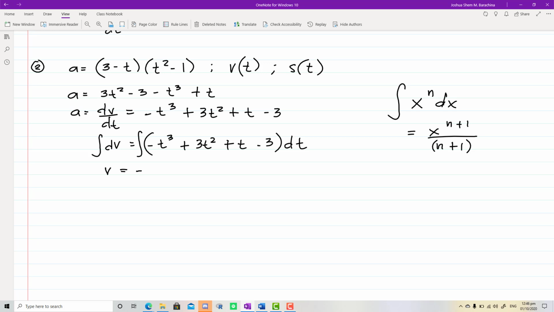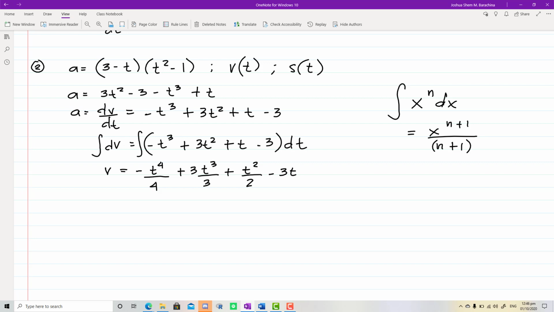factor out natin yung negative and then apply the power formula here. This is t raised to 4 divided by 4 plus factor out yung 3. This is t raised to 3 divided by 3 plus t squared over 2 minus 3t plus the constant.